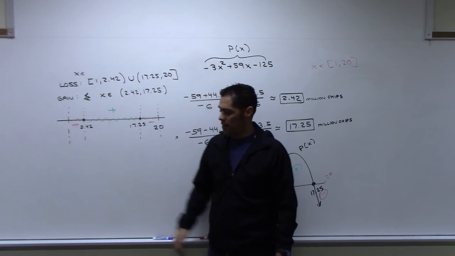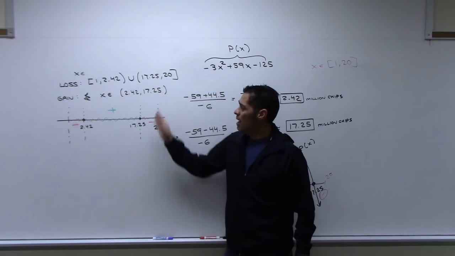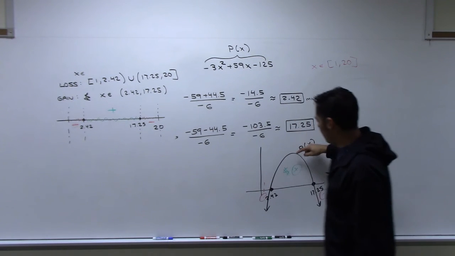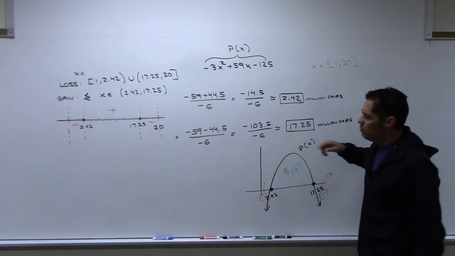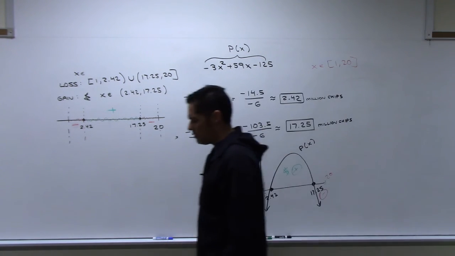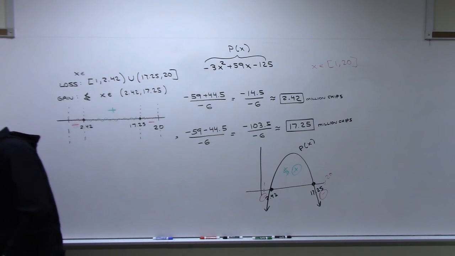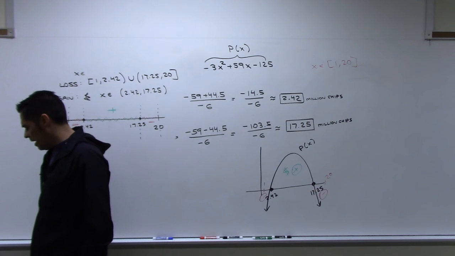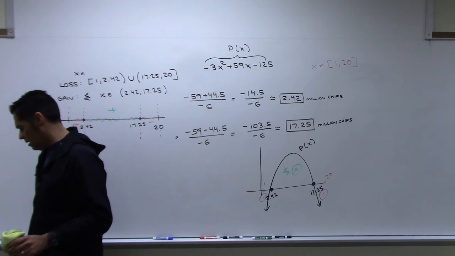You should be making money. Now, of course, the most natural question is, how many chips should you manufacture and sell to have the highest profit, which would mean we want that highest point, which is something we can do, but it's not being asked in this question.